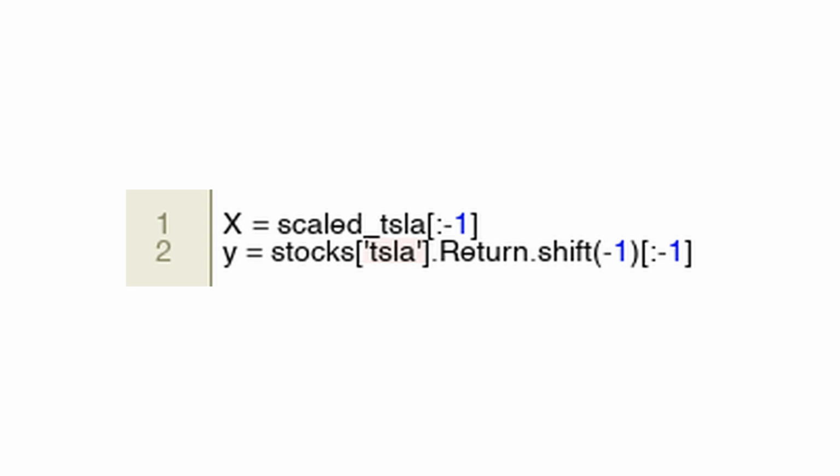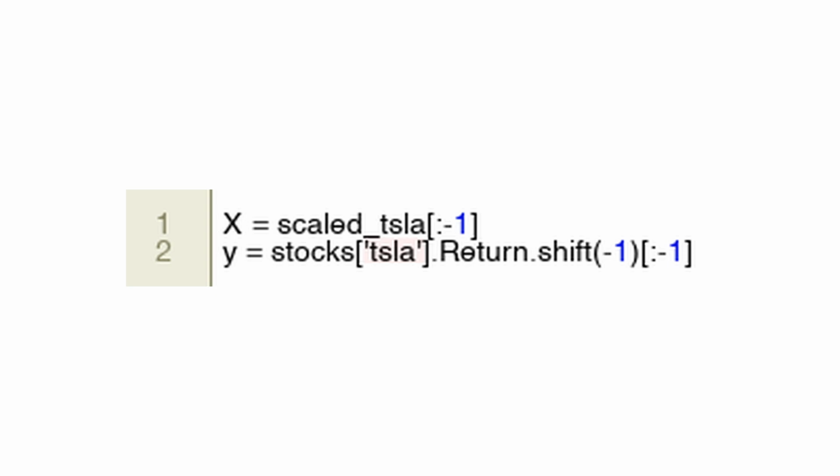The variable y is set to the return column from a data frame stocks indexed by TSLA. The method shift(-1) is used to move the data up by one position, which effectively aligns each return value with the previous day's data since we're leaving out the last value from x. Again, [:-1] is slicing the shifted series to exclude the last entry to ensure that the dimensions of y match those of x.